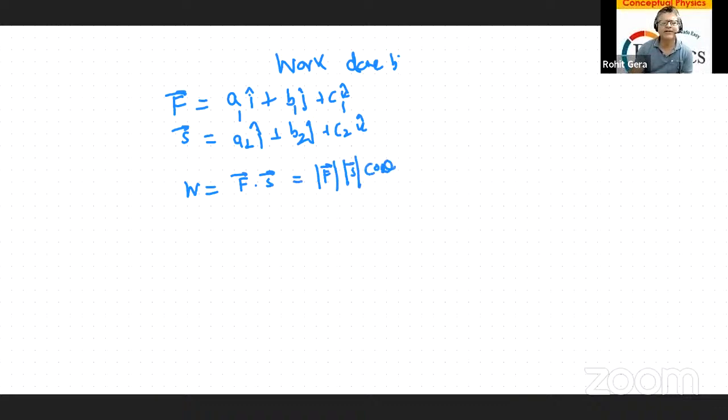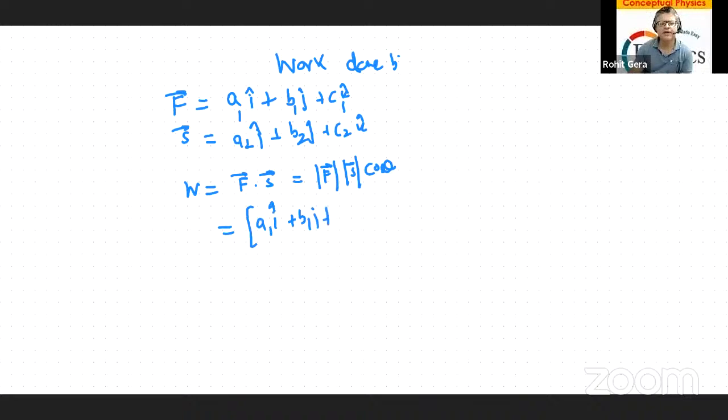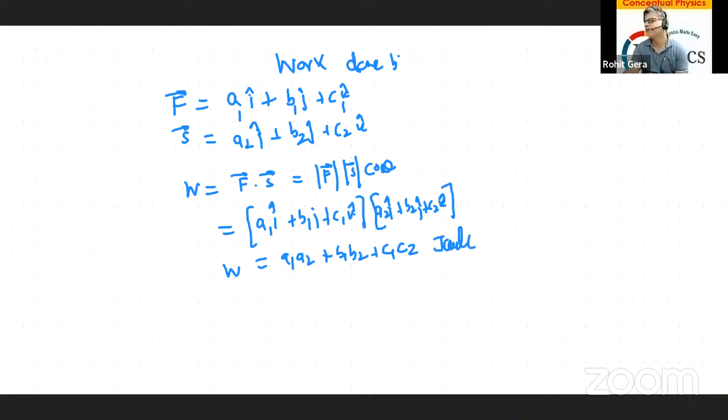But this is already given in vector form, so we will do a1i plus b1j plus c1k multiplied by a2i plus b2j plus c2k, which is equal to a1a2 plus b1b2 plus c1c2 joules. So this is work done in rectangular components, or work done using vector algebra.